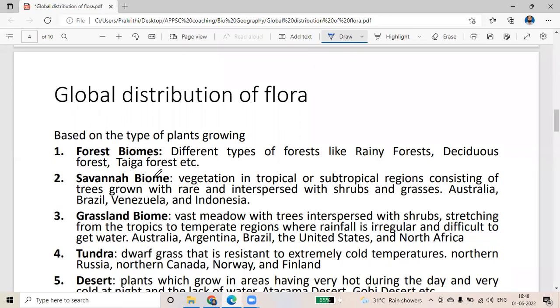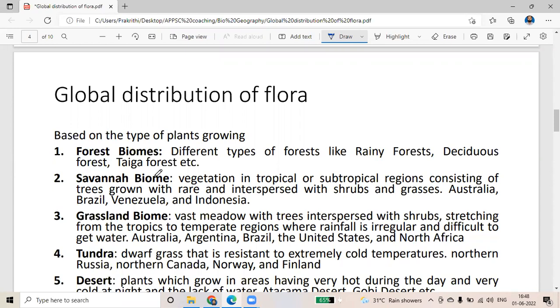The vegetation in tropical and subtropical areas. This vegetation is mainly covered in the tropical and the subtropical area. That means it requires some sort of temperature, and there is some sort of dryness. Trees grow rarely, with trees in between, intercepted with shrubs and grasses.